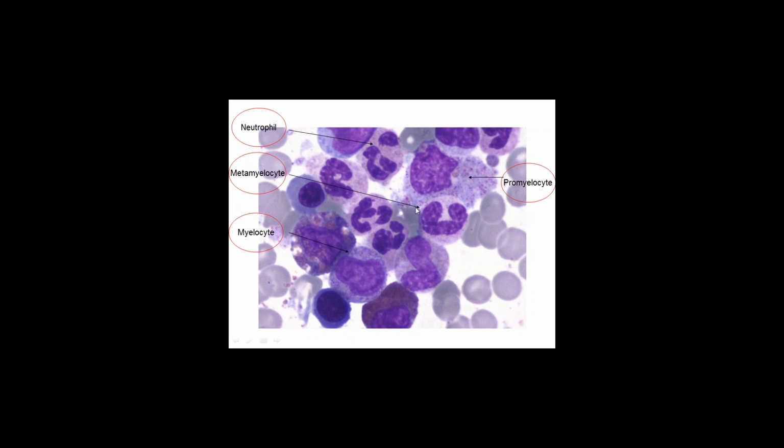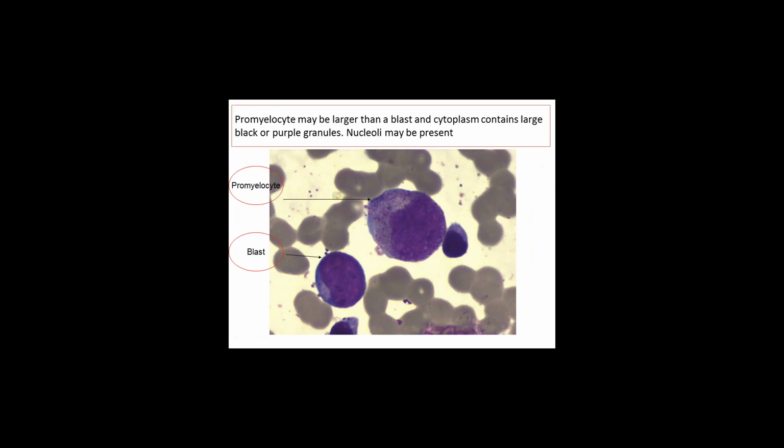So here we can see a mature neutrophil, metamyelocyte, and myelocyte. Now, how to identify the different cells? And this is a blast, and this is a promyelocyte. See the difference.